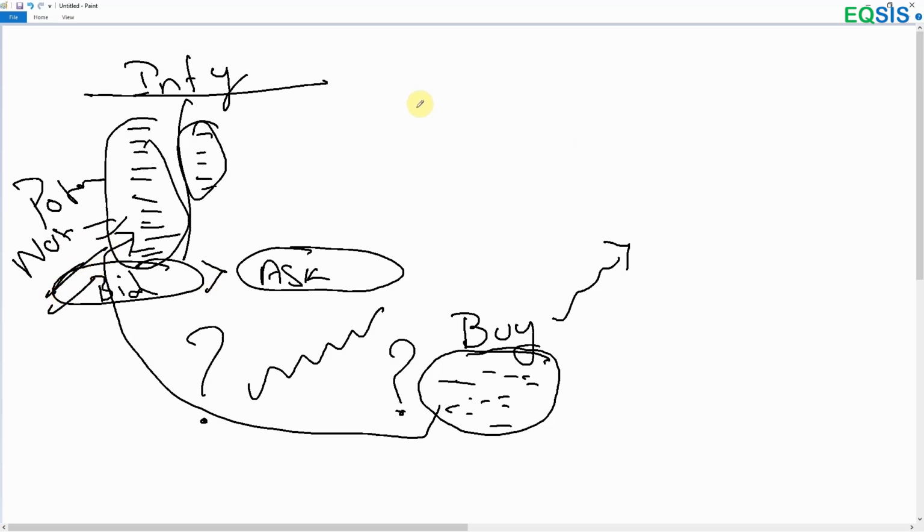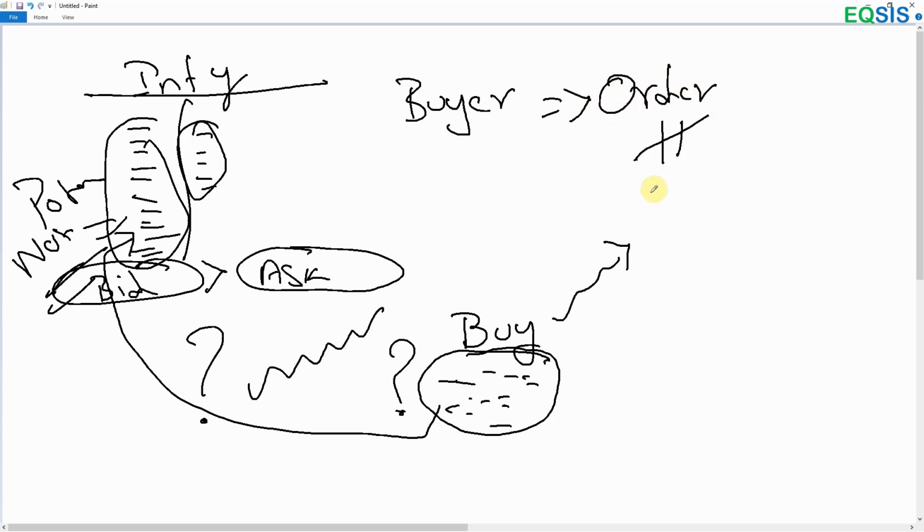Why? These buyers standing in the queue are after all just standing in the queue, not necessarily going to trade. It means they have simply placed an order. I'm using the words not necessarily: it doesn't mean they won't trade, they can also trade, but they don't have to. Someone may have placed an order but not intend to buy at any price.